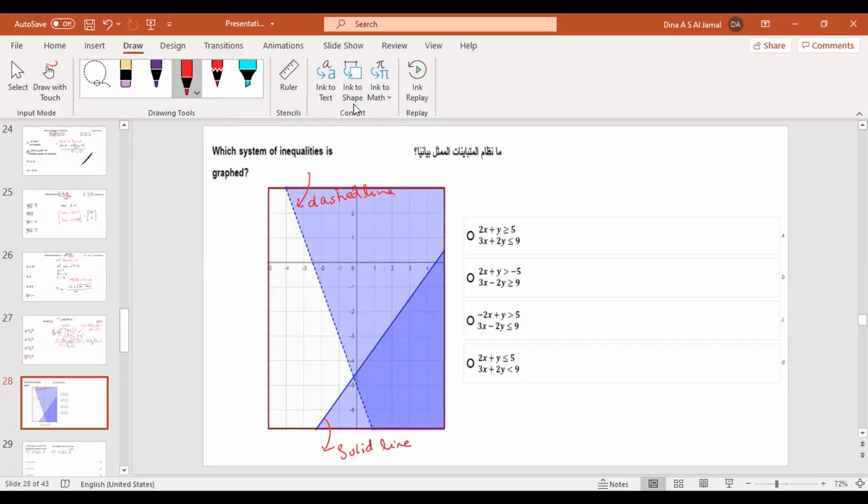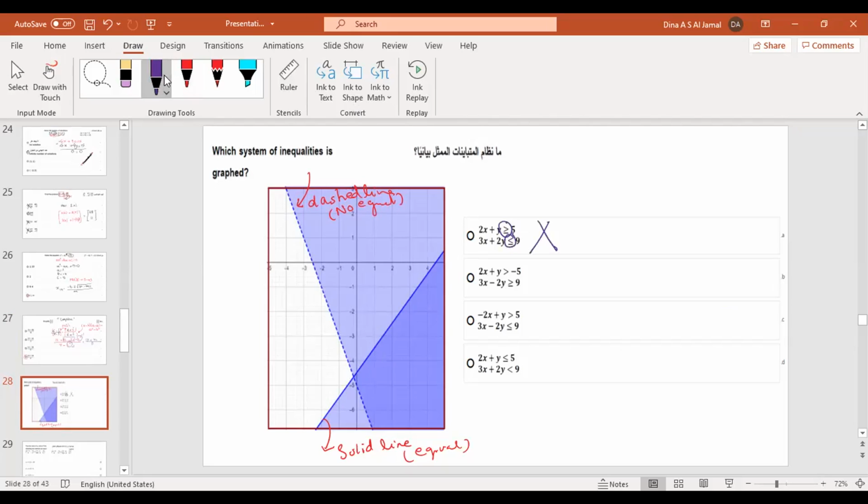That means one of them will have an equal sign, the other one without equal. So let's check. From the beginning, you need to cancel this because both of them have equal and you don't need it.